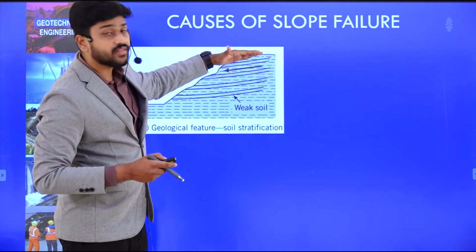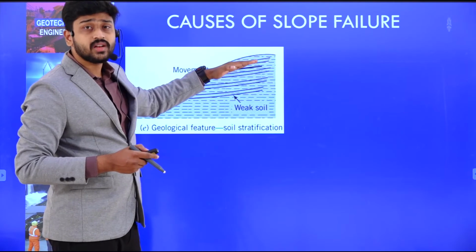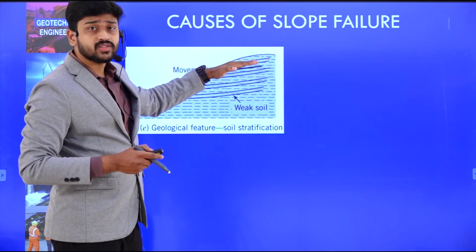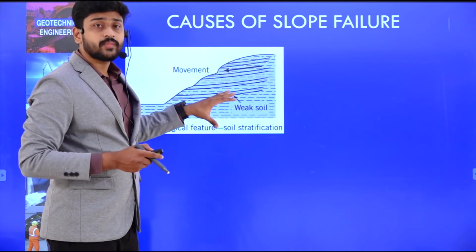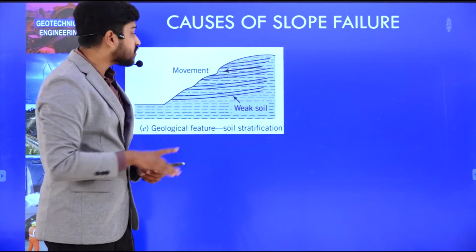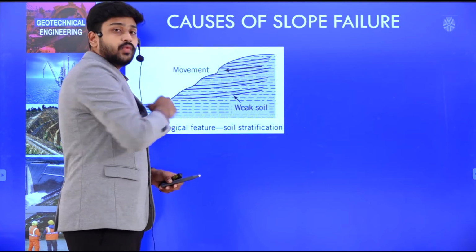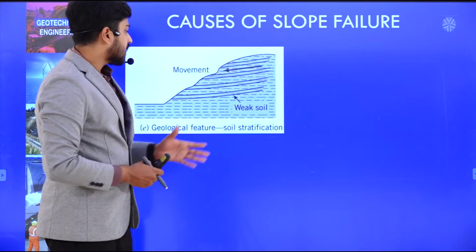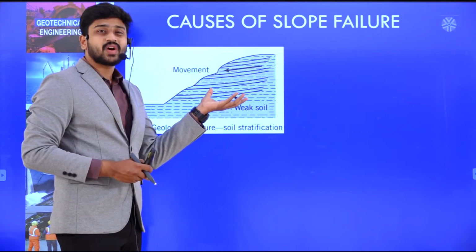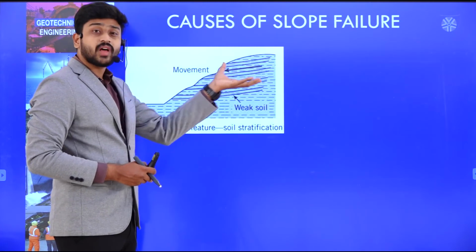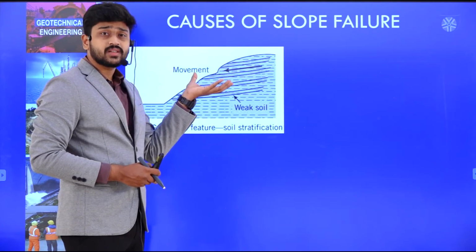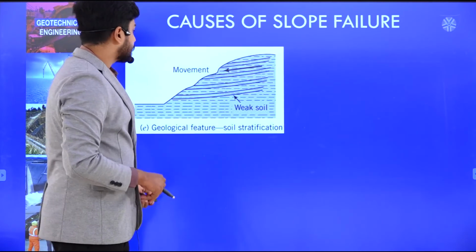Let us say up to this level there is sand, and then up to this level there is some other clayey soil or different layers of soil. Because of the presence of any weaker soil, it will try to move. So as I've stated, in this case a weaker soil is given here, so that is why the movement of the upper region is now taking place. Clear?